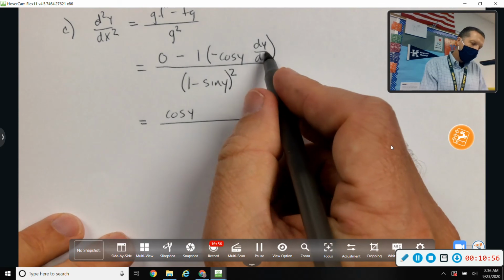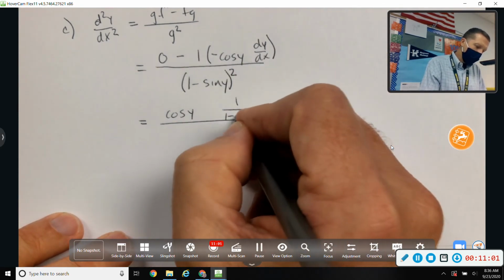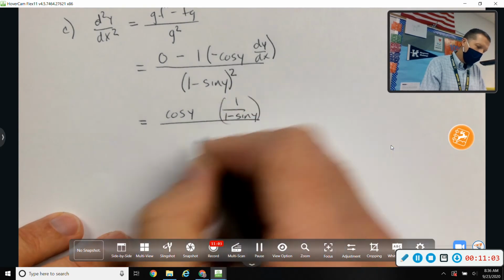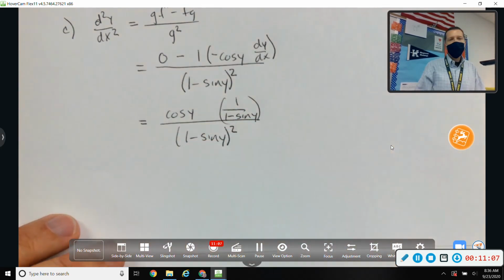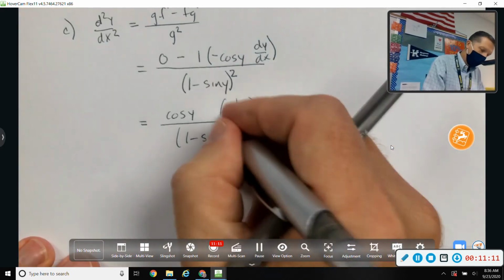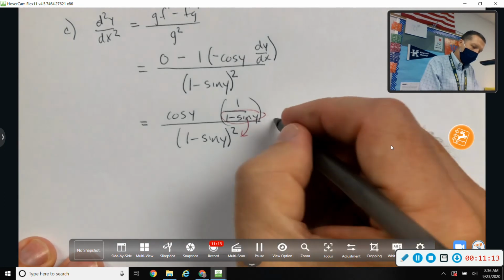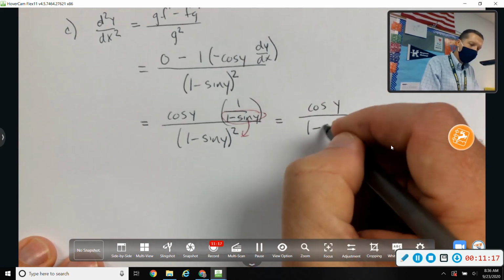dy/dx is, from earlier, 1 over 1 minus sine y. And so really there's a third, that 1 minus sine y is in the denominator. So this one wasn't too bad. Easy for me to say, I guess.